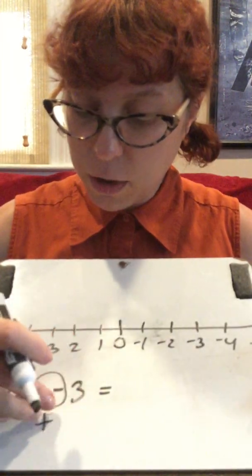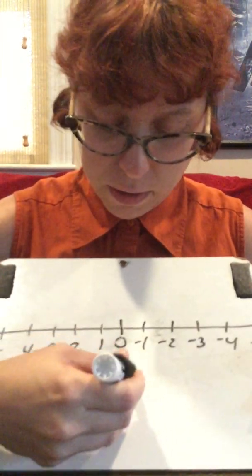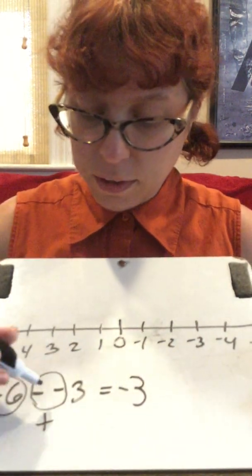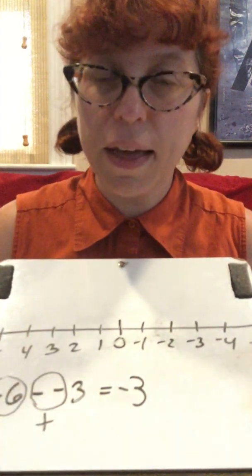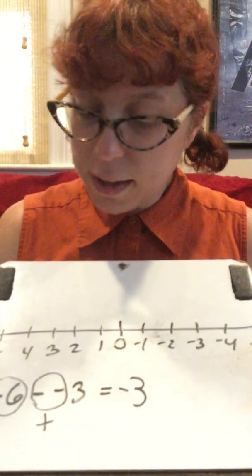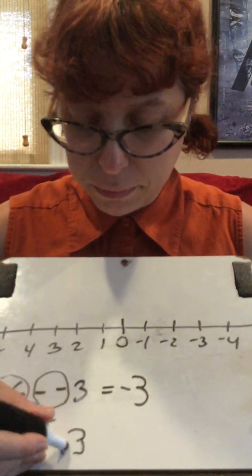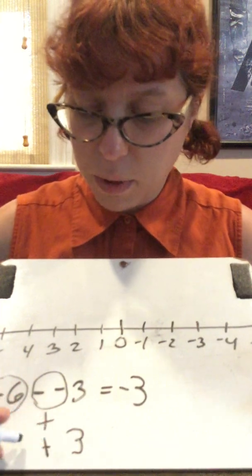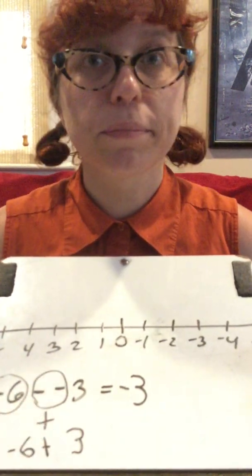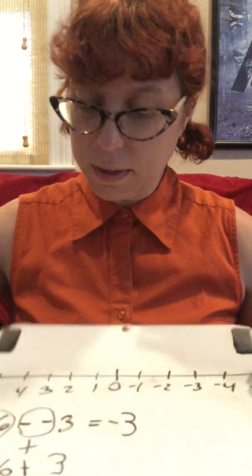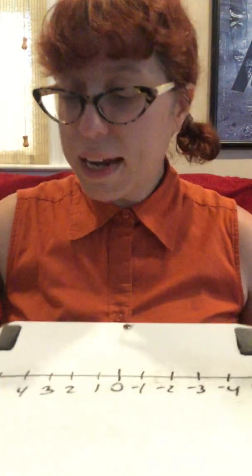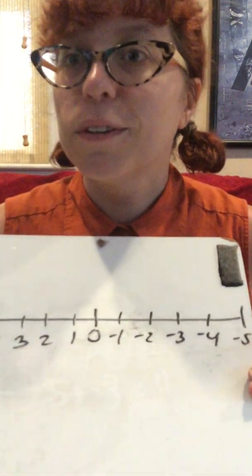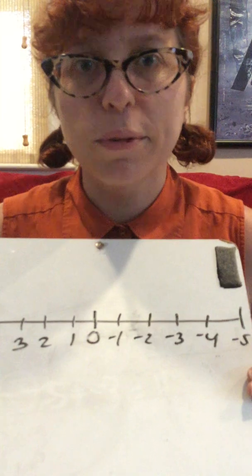So -6 plus 3 would be -3. So if you get a sign right next to each other like that, it's always going to be a positive. Luckily, we don't write it because we don't have the positive. You don't need to do that. You would just do positive plus 6. Got it? But subtracting negatives, you're always going to change one of them to a positive. So it will equal each other out.